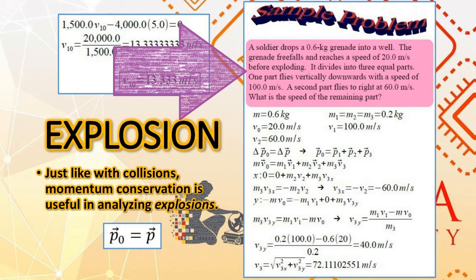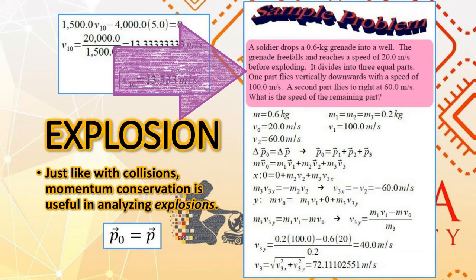It divides into three equal parts. One part flies vertically downwards with a speed of 100 meters per second, and a second part flies to the right at 60 meters per second. What is the speed of the remaining part?